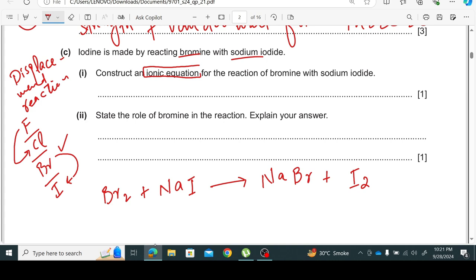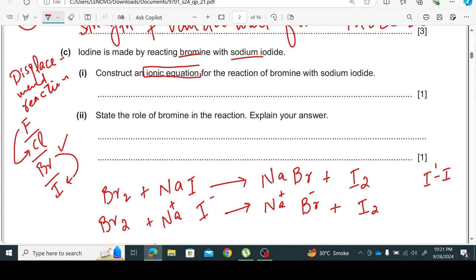Sodium is a positive ion, iodine and bromine in the salts are negative ions with a charge of negative 1, but Br2 and I2 are diatomic covalent molecules, so you cannot convert them into ions. Sodium cancels out, so the final equation is Br2 plus iodide ions gives bromide ions plus iodine. Balancing: two bromides and two iodides. It is our balanced equation.